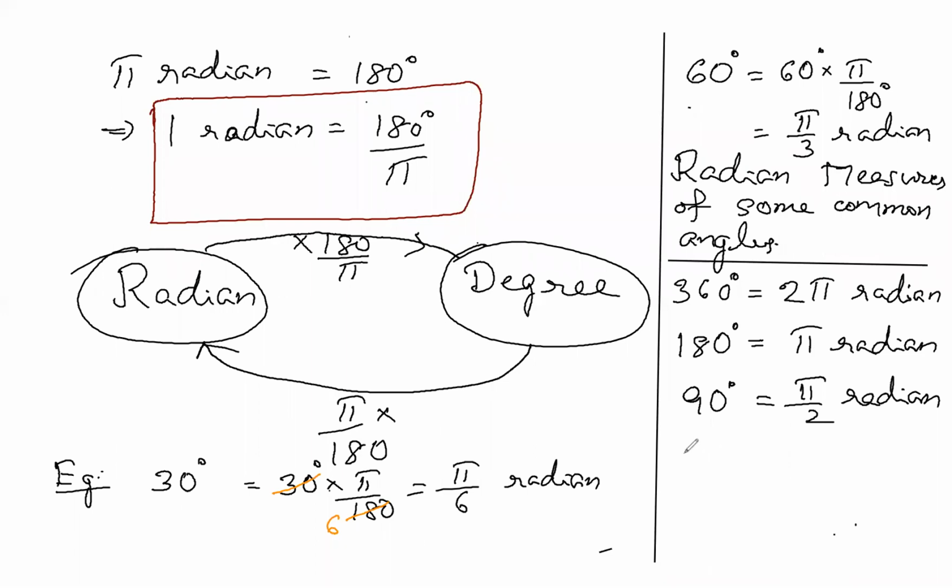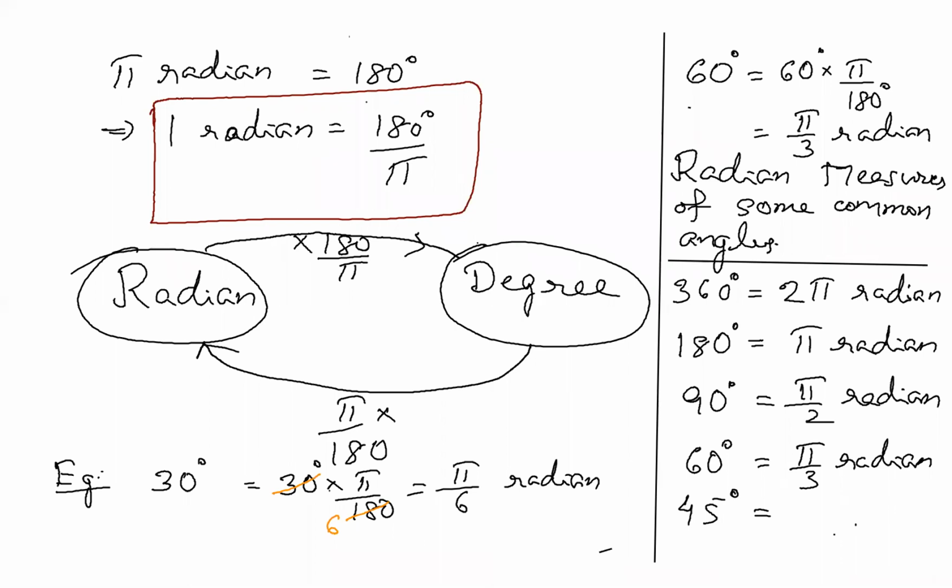Next is 60 degree. Just now we studied. What is 60 degree? It's pi by 3 radian. And then 45 degree. So please calculate and tell me 45 degree. Pi by 4 radian.